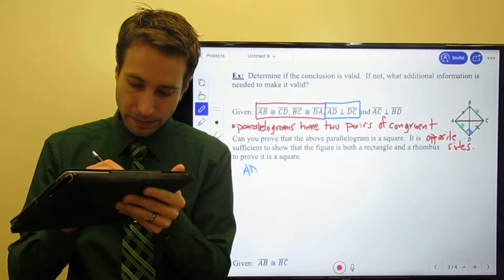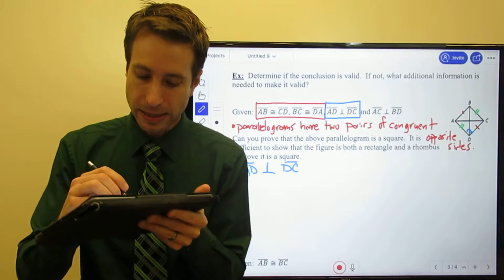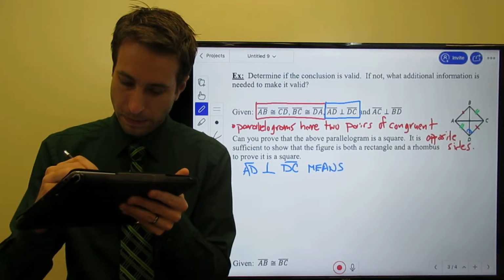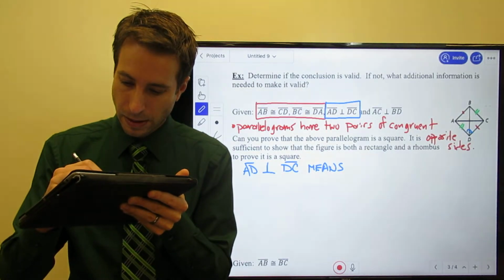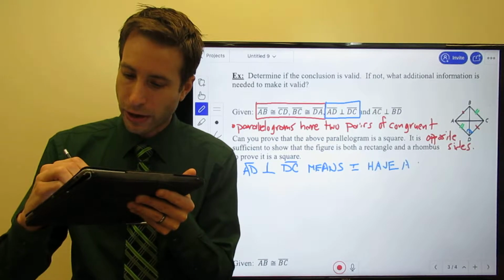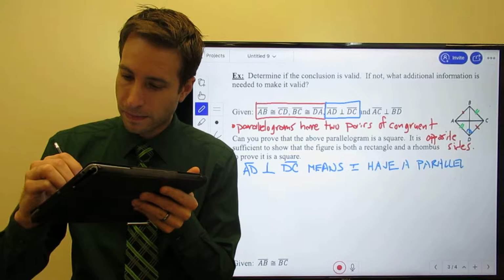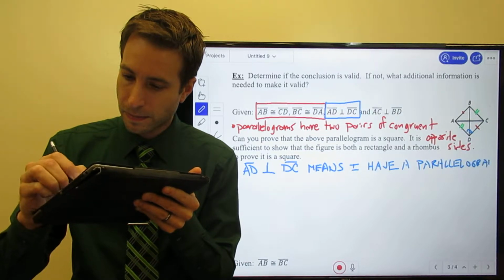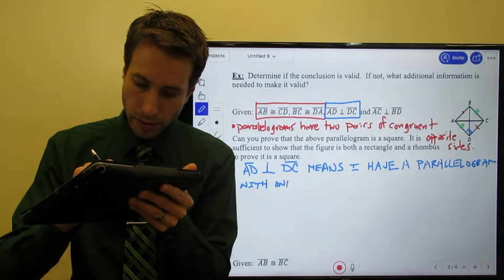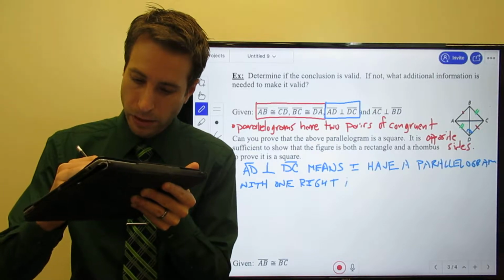AD is perpendicular to DC means I have a parallelogram with one right angle.